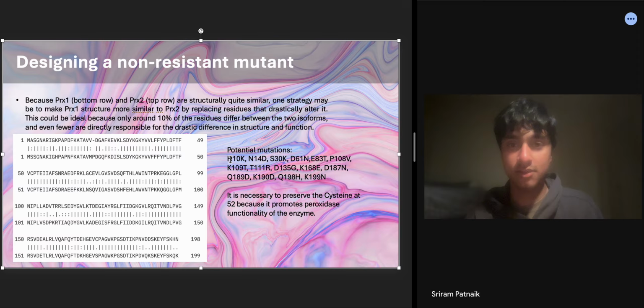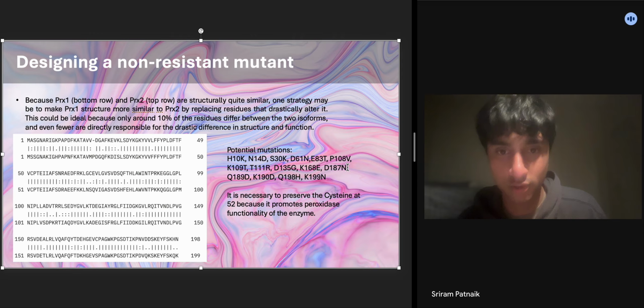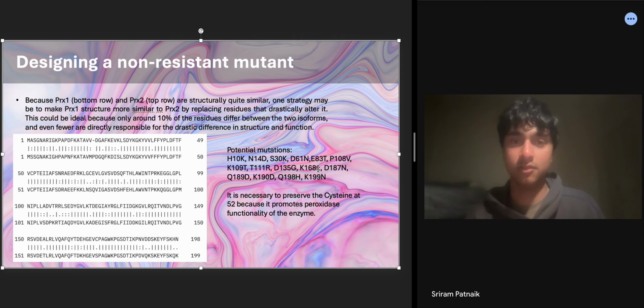So these were some of the mutations. Some of the more interesting ones were the lysine to glutamic acid substitution at 168. Because you're going from a basic residue to an acidic one, that's probably going to play a big role.